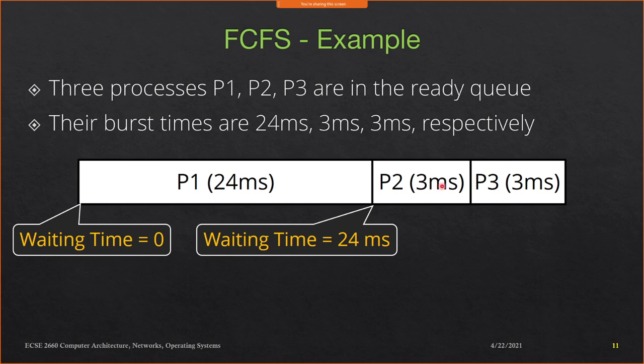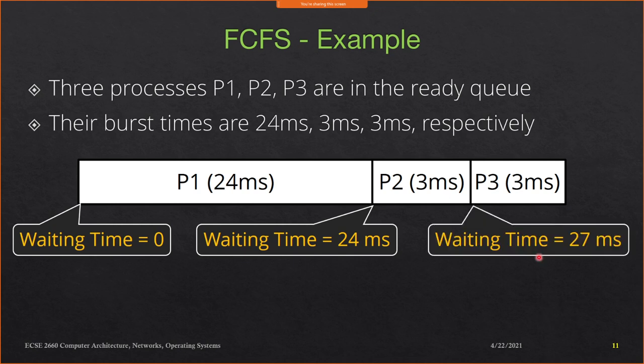P2 had to wait for 24 milliseconds because of that. But after about 27 milliseconds, P1 was complete, P2 was complete, and then P3 came into the running state, but it had to wait for 27 milliseconds before it made any progress.